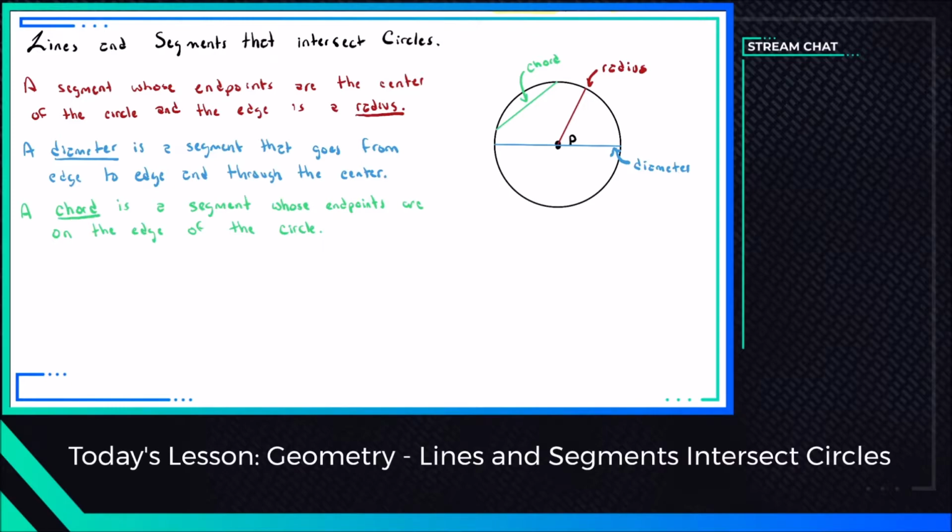And because of that information, you know that a diameter is also a chord.